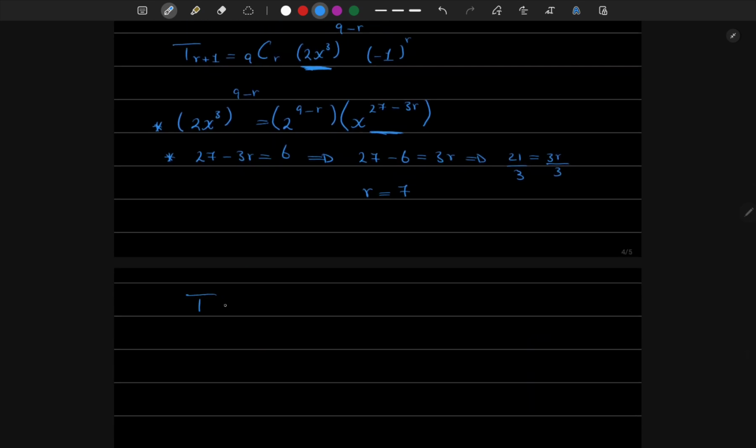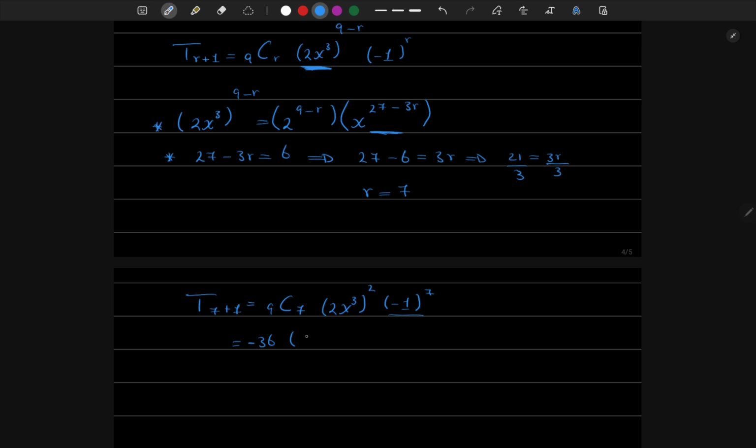Once I found r, I can find the rest of the term. So now instead of t r plus 1, I'm going to have t7 plus 1, which equals 9c7 times 2x cubed, all raised to the power of 9 minus 7 equals 2, multiplied by negative 1 to the power of 7. 9c7 equals 36, and negative 1 is raised to an odd power, so it's negative 36, because I end up with negative 1 here, and when I multiply it with the rest, it becomes negative.